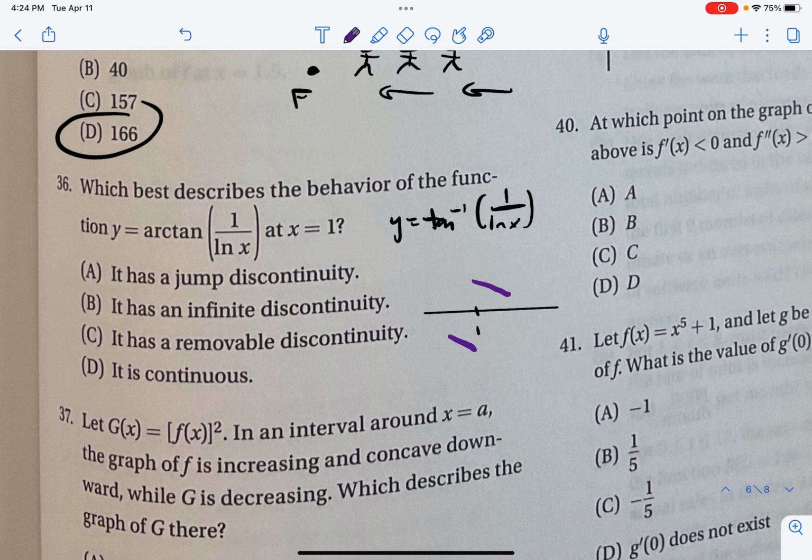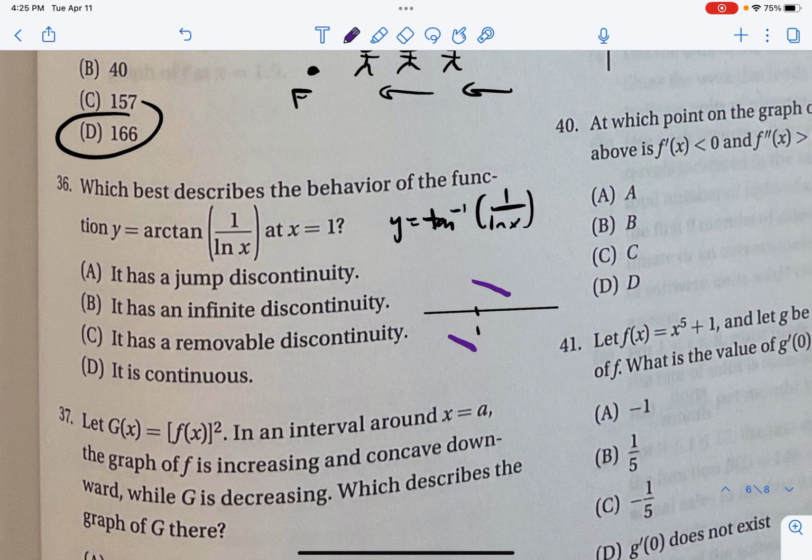So I'm going to change my window. I know this is not helpful if you are not looking at my graph, but I am going to look closer to x equals 1 to see if the graph changes at all. Maybe it actually has an infinite discontinuity and it's drawing it poorly.